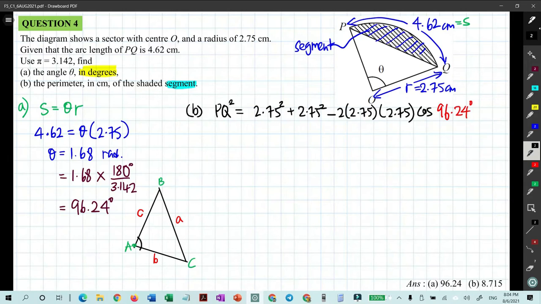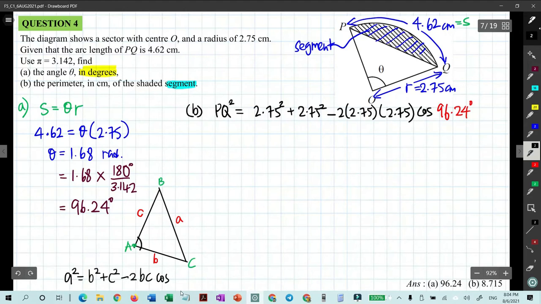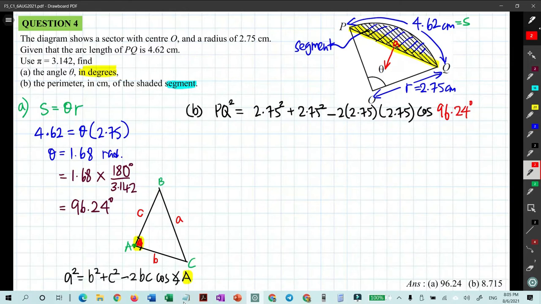In order to find the length of a, you can use the formula a square equals b square plus c square minus 2bc cos angle A. This is angle A. So similarly here, to find the length of PQ, just imagine this is a. The angle which is opposite to side a is actually theta.